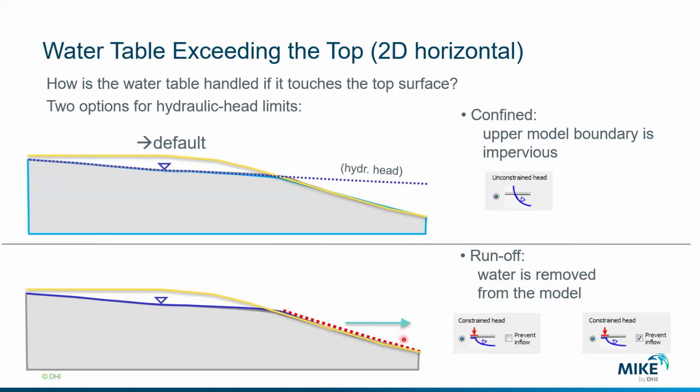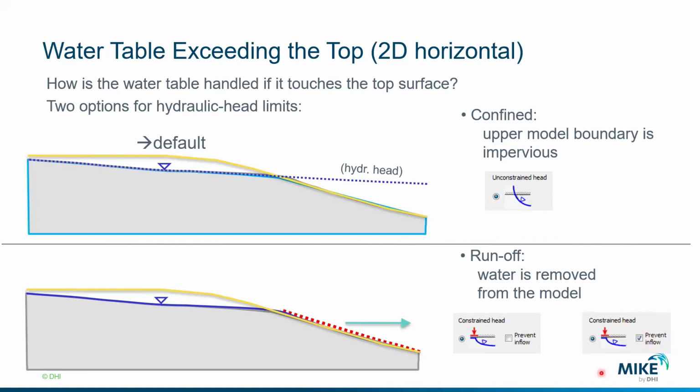Internally, FEFLOW sets a constraint, so it can set a boundary condition of hydraulic head, a constant value of hydraulic head equal to the elevation of the topography. And this head obviously will change in each of the nodes depending on how the topography changes. This is a head. The fixed head could create an inflow or outflow. You could also prevent inflow by ticking this option.